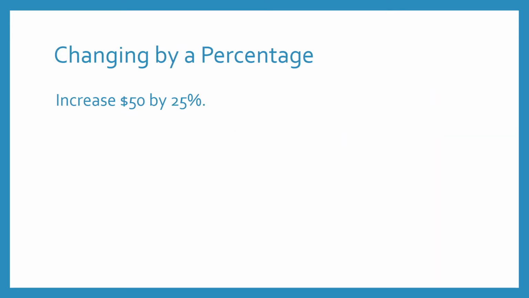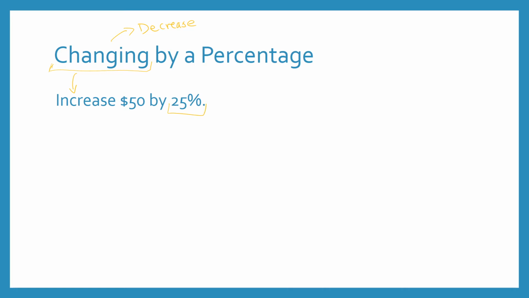So now we're going to move on to actually changing by a percentage. Changing could mean increase, like we have here, or it could mean decrease. So something is either going to get bigger, increase, or get smaller, decrease. What we need to do in this case is we have our original number, and we want to find a percentage of the original number.